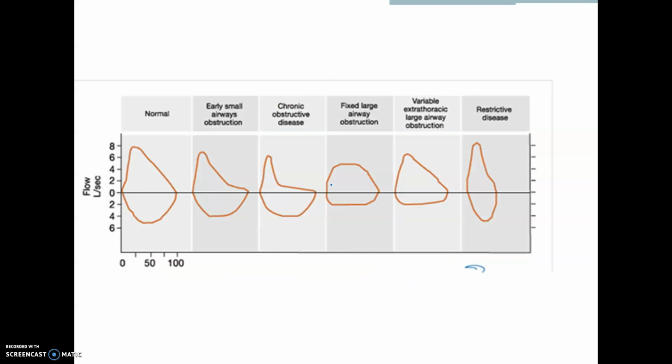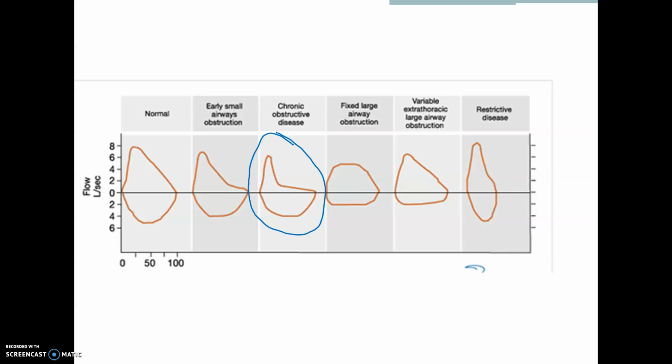These are just some flow volume loops that show all the different obstructive diseases, and we're really not going to get into those, but you can take a look at them. The first one is a normal flow volume loop. The second one is early small airway obstruction. The third one is pretty typical of what you'll see in somebody that has chronic obstructive disease, so if they've had chronic emphysema, chronic bronchitis, things like that, they'll fall into that flow volume loop.